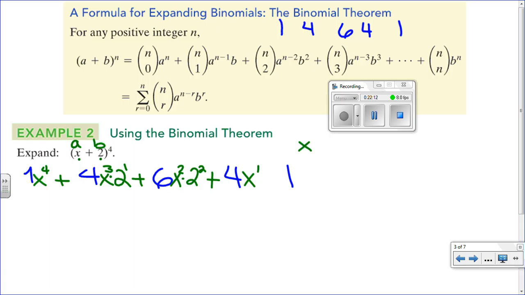So remember, the x powers decrease by 1, and the 2 powers increase by 1.